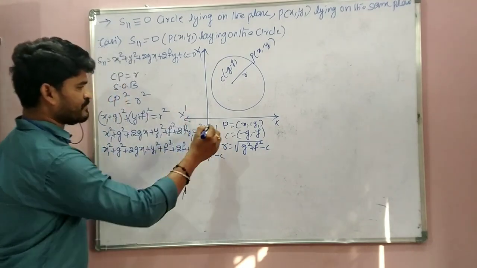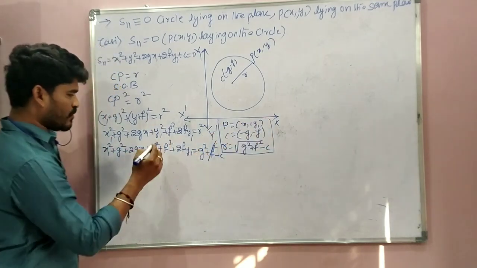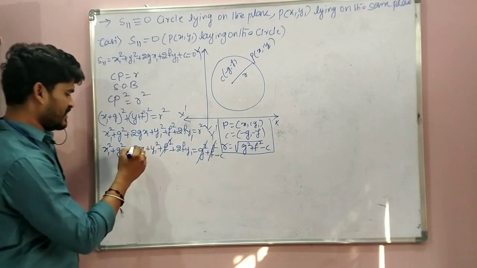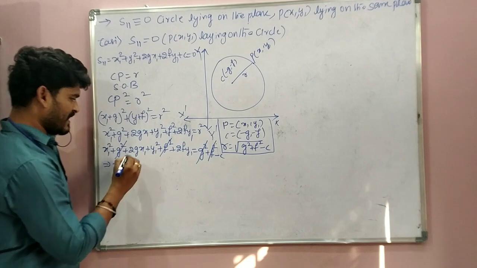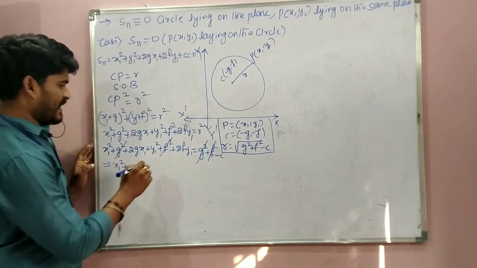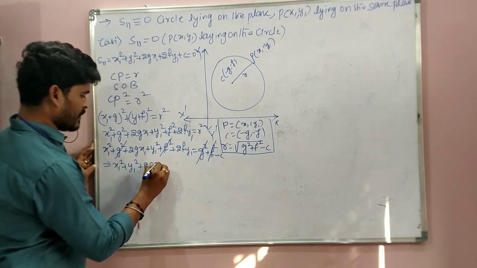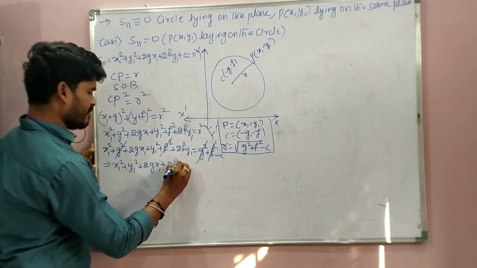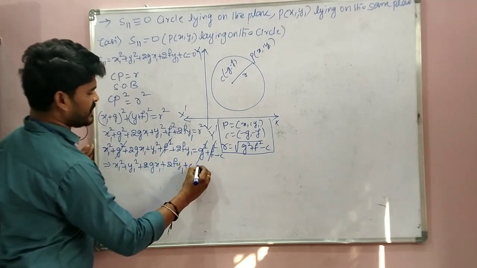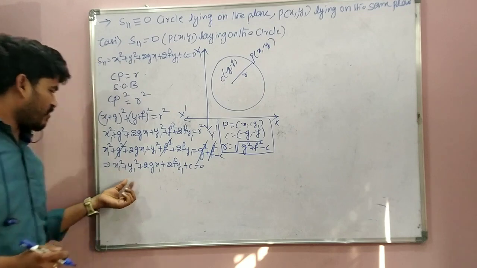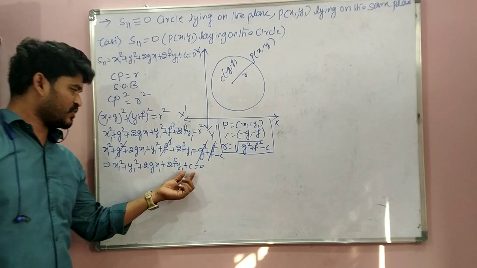The g square and f square cancel. Transferring minus c to the left side, we get x1 square plus y1 square plus 2gx1 plus 2fy1 plus c is equal to 0.